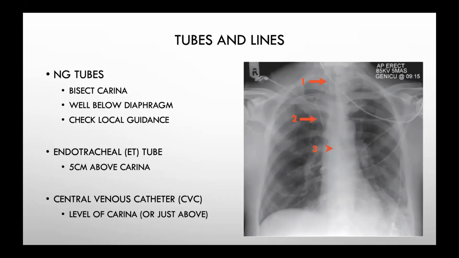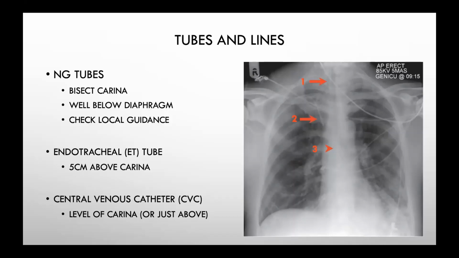If a nurse or anyone asks you to check this NG tube and say it's okay to use, I would clarify what's being done in your trust with regards to NG tube placements and feeding. Traditionally, it should bisect the carina and it should sit well under the diaphragm, and in the stomach. In my trust, they've got a clear policy that radiologists will report it, and it has to be reported and documented in the notes before it's safe to use.